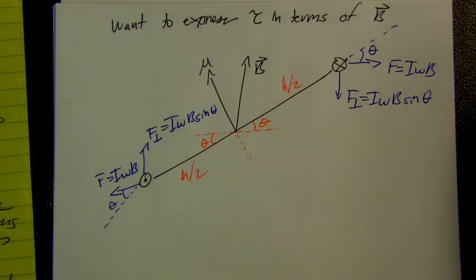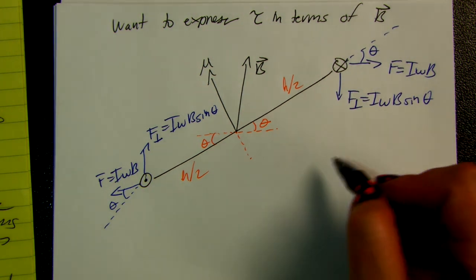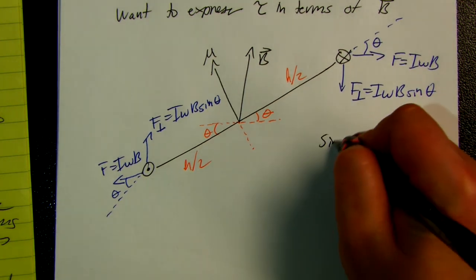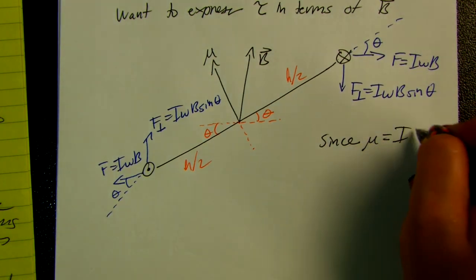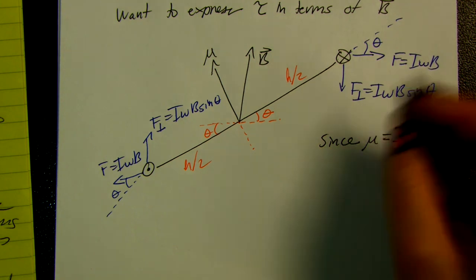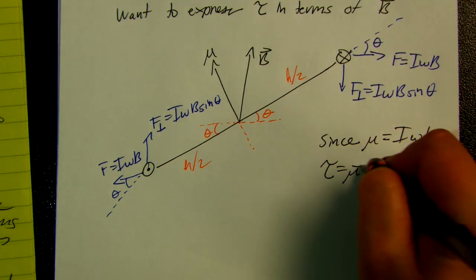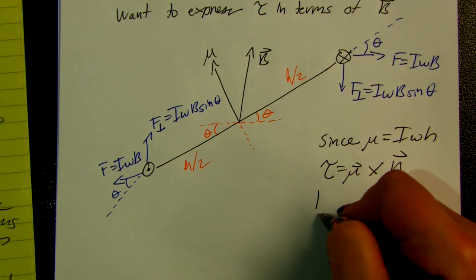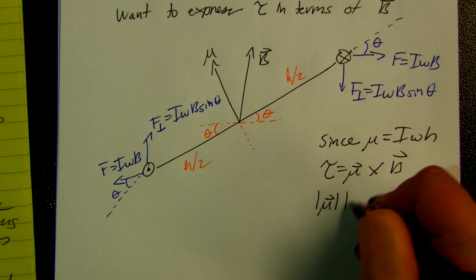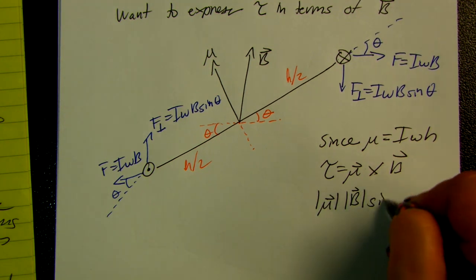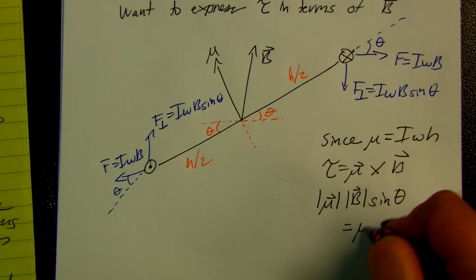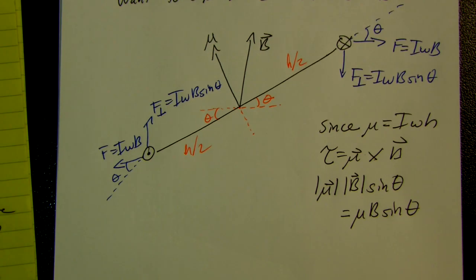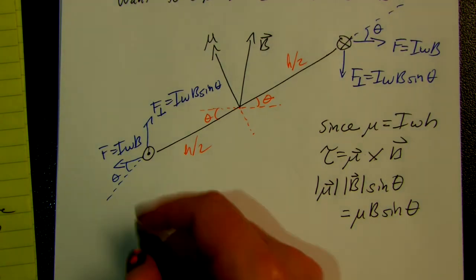For those of you following along in Matter and Interactions, there is a much more detailed and straighter line drawing in your book. But since mu is equal to I times W times H, and torque is equal to mu cross B, then we would see that the magnitude is mu B sine theta. And from this we can get our expression for torque on a magnetic dipole.